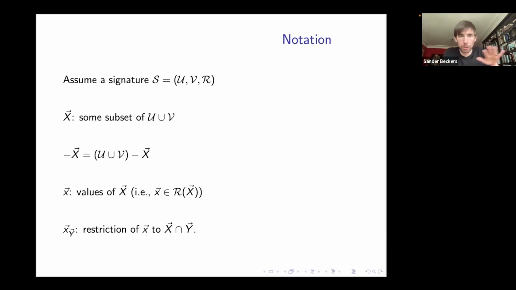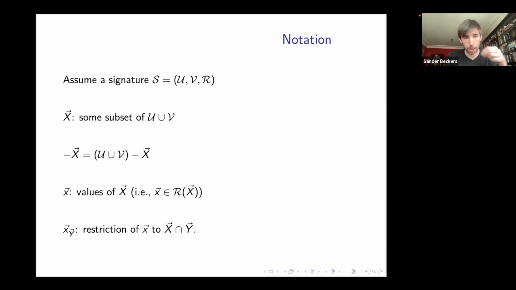So assume we have a signature, because all the functions that we're going to be considering are going to be from variables to variables. And we're just going to assume that the variables we're going to be considering and all their ranges are coming from some signature S. And so all the X's that we're going to have are going to be subsets of our variables. Minus X is going to be the complement of X. Lowercase letters are going to be values of the capital letter variables that they correspond to, right?